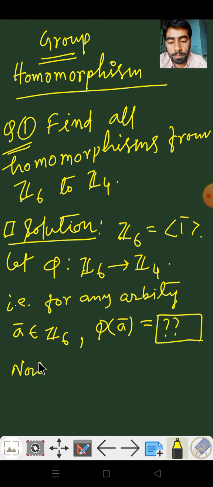Now, Z6 and Z4 are additive groups, which is obvious from the question.